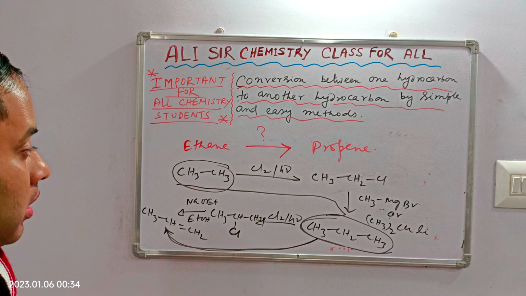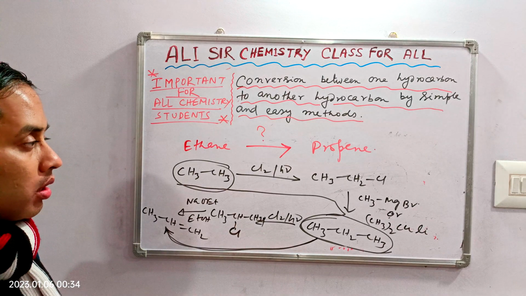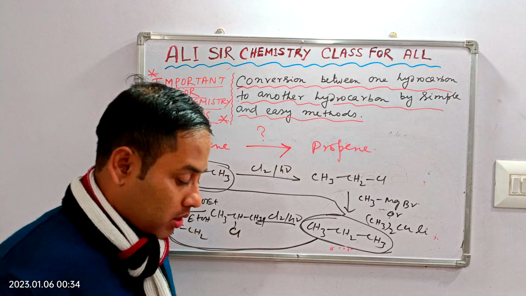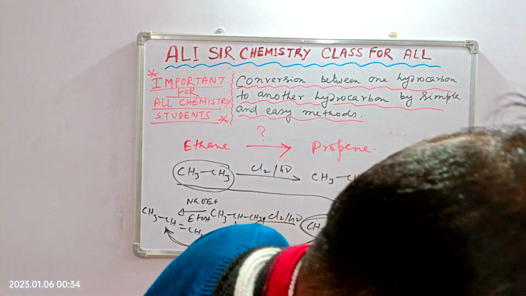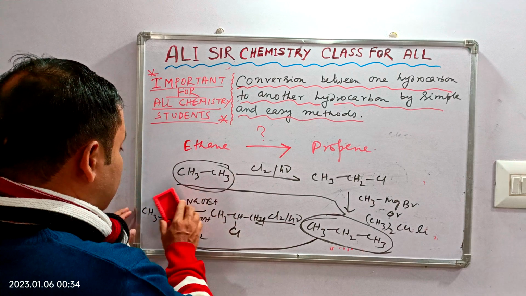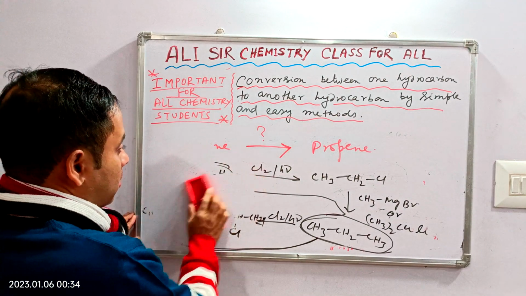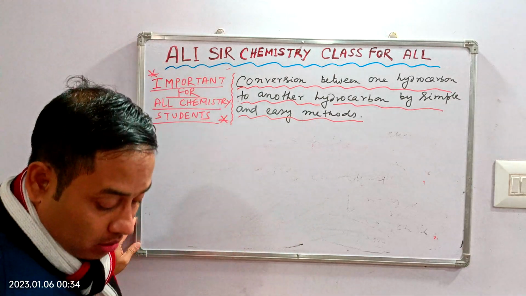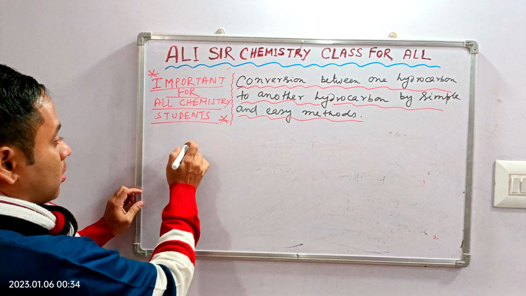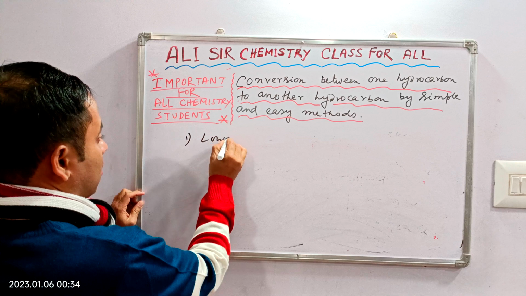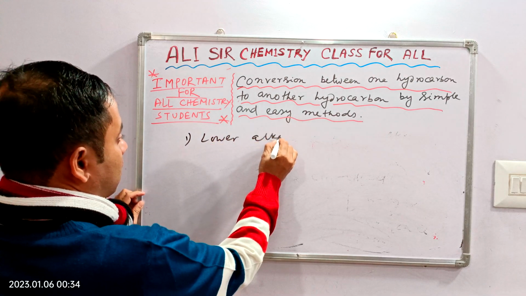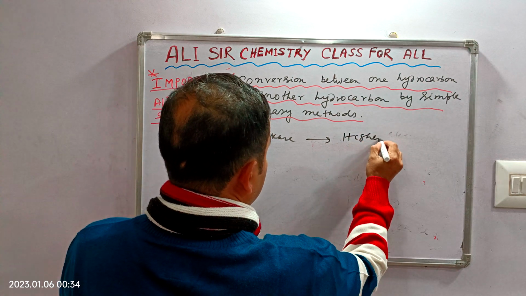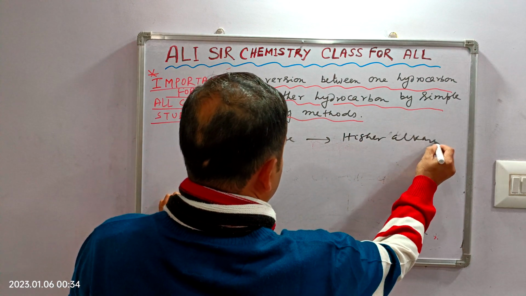So whatever we have done, I am going to conclude here. In the next class, I'll do some examples. Let me summarize what we have done. We learned types of conversion in this class. First one is lower alkane to higher alkane.